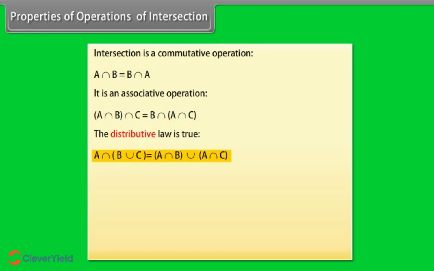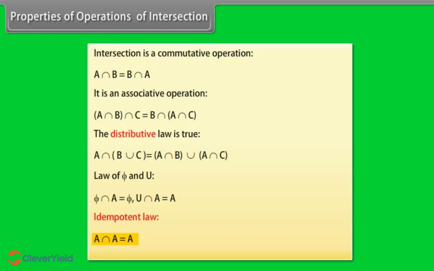A intersection (B union C) is equal to (A intersection B) union (A intersection C). Law of phi and U. Phi intersection A is equal to phi, and U intersection A is equal to A. Idempotent law. A intersection A is equal to A.